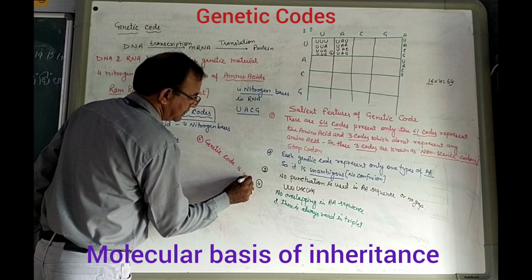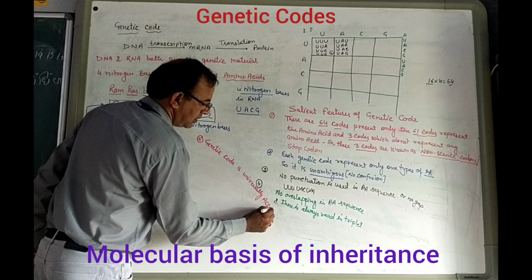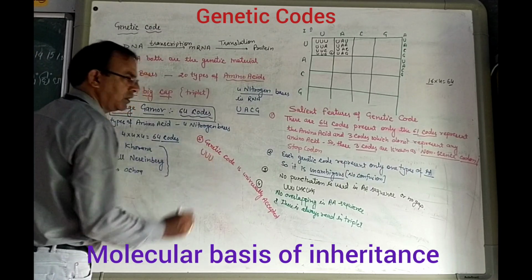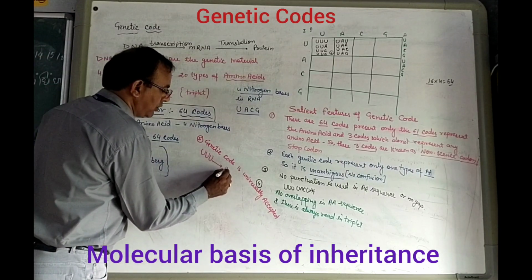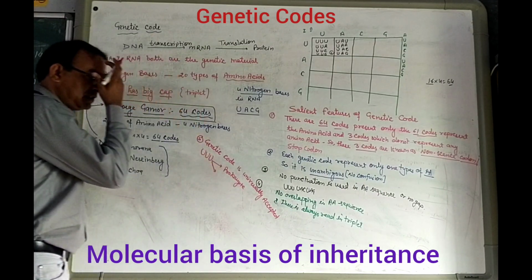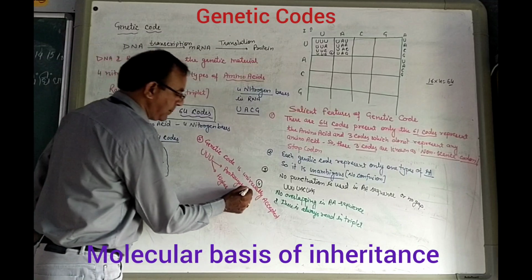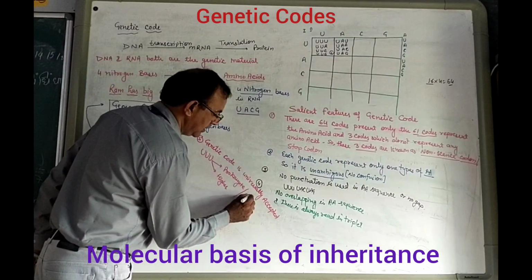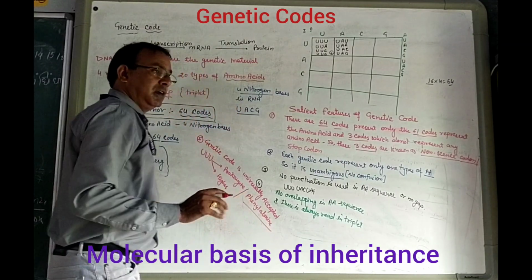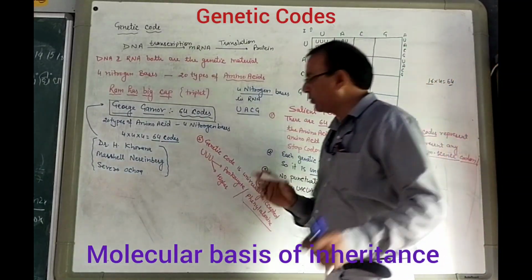For example, if we take UUU, whether the organism is prokaryote or higher, the triplet UUU always represents only one type of amino acid, that is phenylalanine. It means there is no ambiguity, no confusion. One genetic code does not represent two or more.